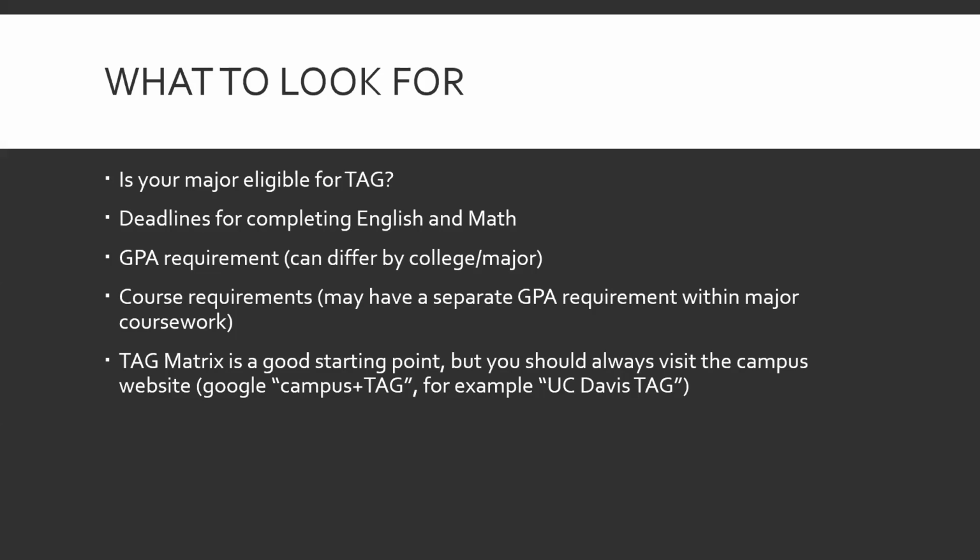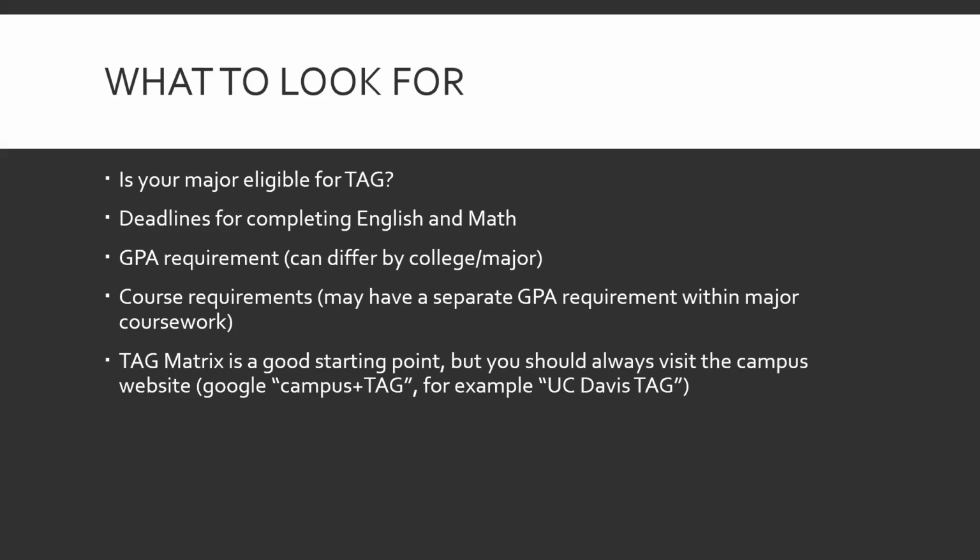There may be an overall GPA requirement for TAG. There might be different GPAs based on the college that the major is housed in. And then there might be GPAs within the major coursework you need to complete. So you want to look at all of those things together and know which GPA you need in order to qualify for TAG. You also want to pay attention to those course requirements.